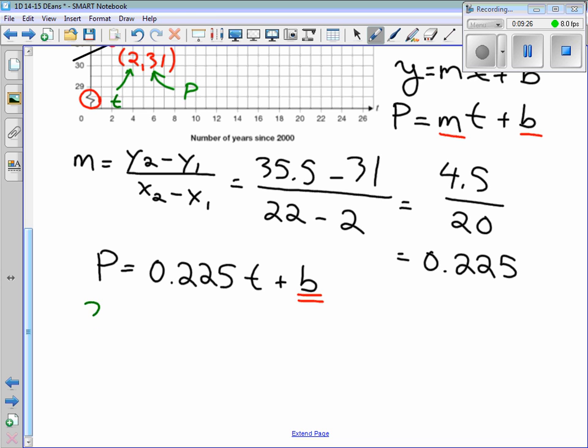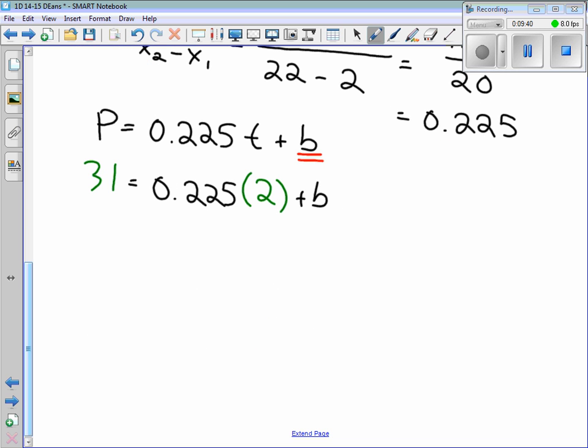So my p is 31. My t value here is 2. And I just stick them in here: 31 equals 0.225 times 2 plus b. And now I want to solve this equation. So I'm going to multiply 0.225 times 2. That's what I got my calculator for, 0.45. So 0.45 plus b equals 31.